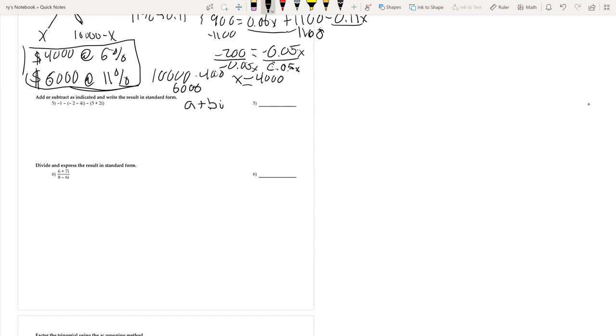And this one I just have to distribute some negative signs to get started. So I end up with -1 plus 2 plus 4i minus 5 minus 2i.